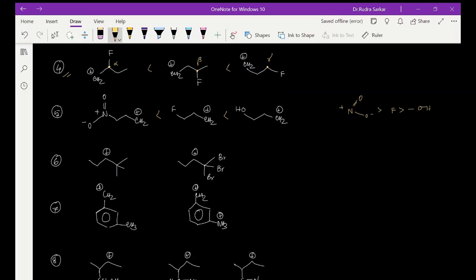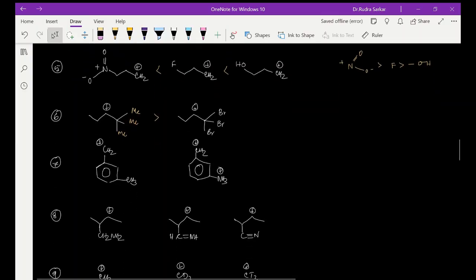In question number 6, in place of methyl, we have 3 bromine, and bromine is exerting minus I effect. So obviously this will be destabilizing the carbocation and the methyl groups will be stabilizing the carbocation. So one will be more stable than 2.